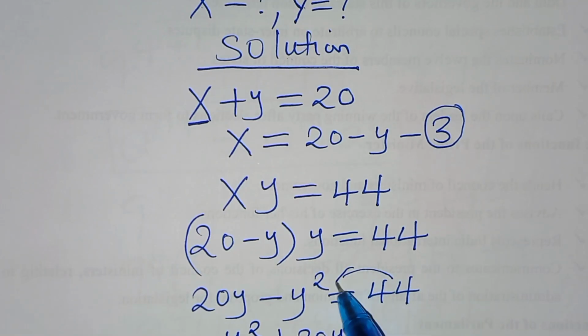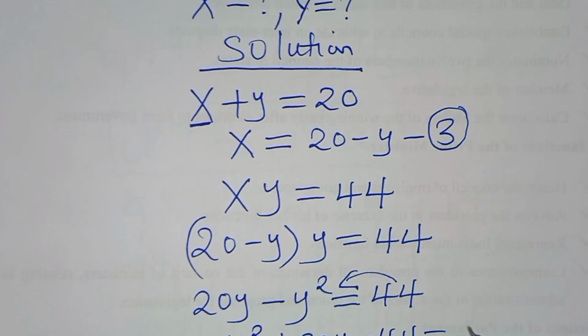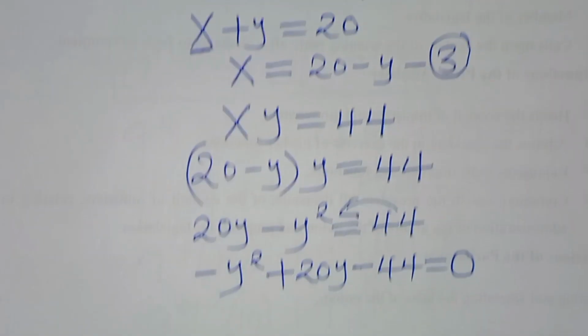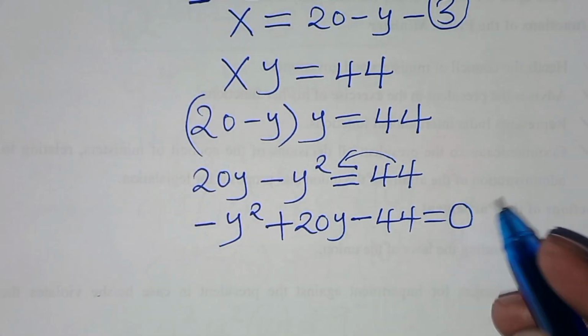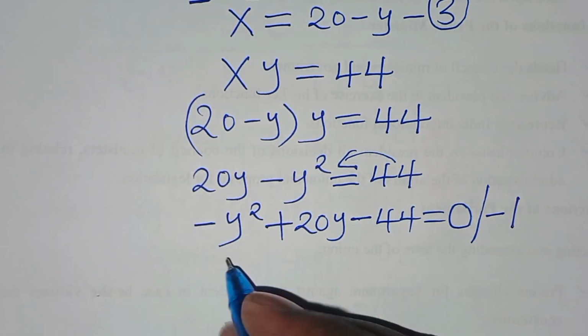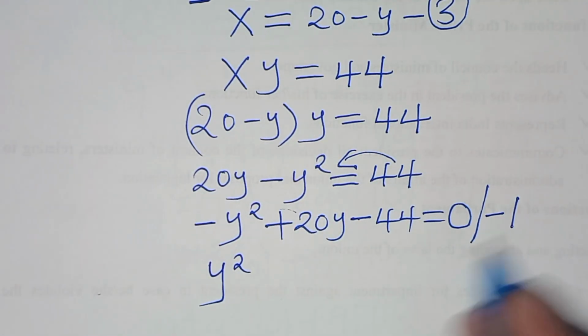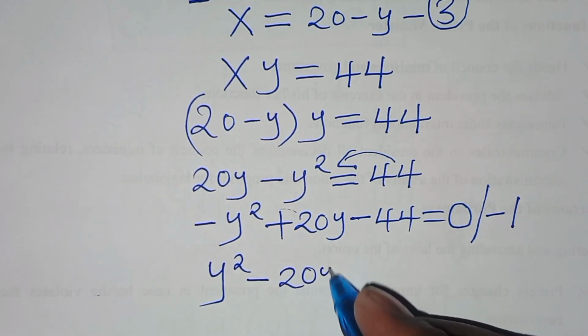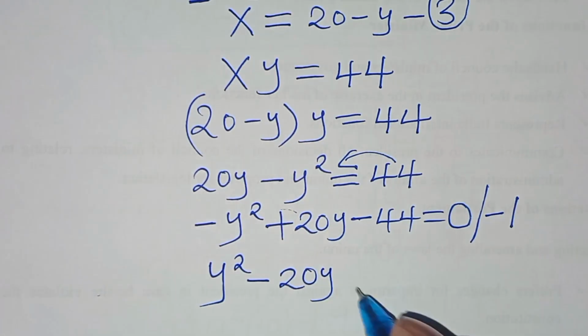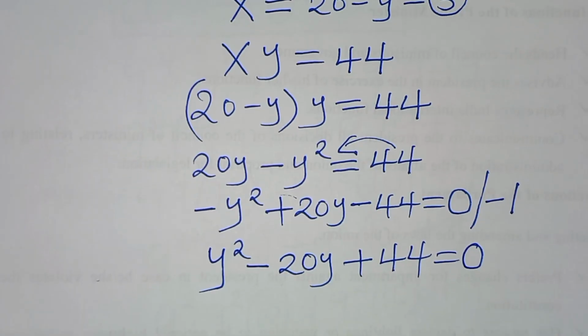Let's take 44 to the left hand side so that here we'll have minus 44. This is equal to 0. The next step, let's multiply both sides by negative 1 so that here we'll have y squared, then minus times plus, this is minus 20y, then minus times minus, this is plus 44, this is equal to 0.